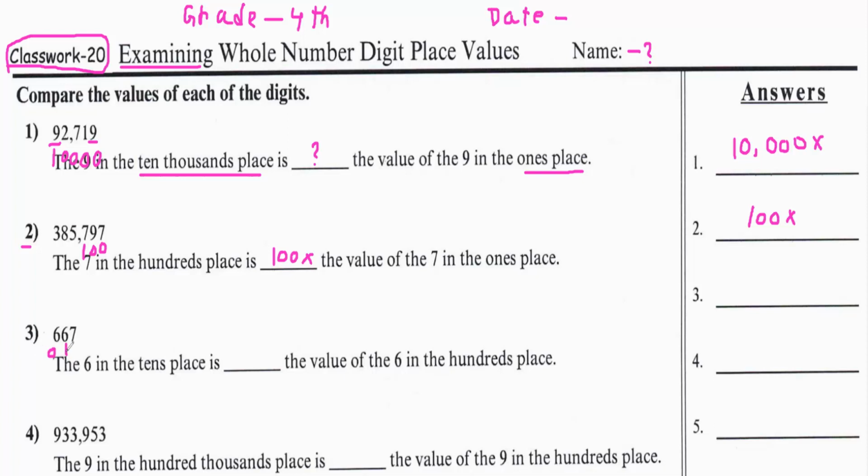That number is 10, so it will be 1 over 10. You have to divide by 10. So the 6 in the tens place is 1 over 10 times the value of the 6 in the hundreds place. You write 1 over 10.